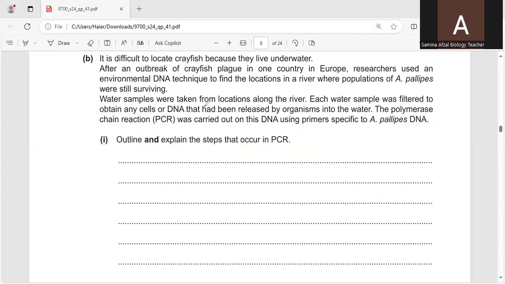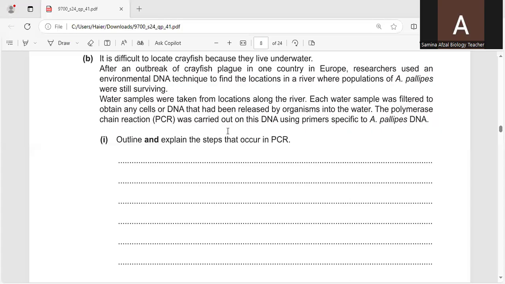Water samples were taken from locations along the river. Each water sample was filtered to obtain any cells or DNA that had been released by organisms into the water. The polymerase chain reaction was carried out on this DNA using primers specific to A. pallipes DNA. Outline and explain the steps that occur in PCR.